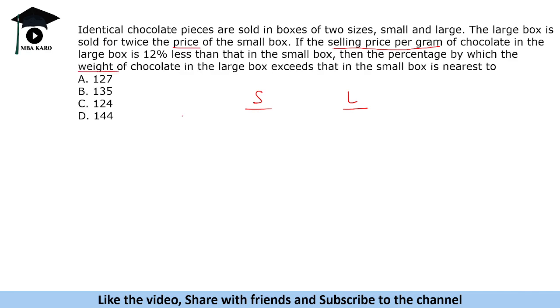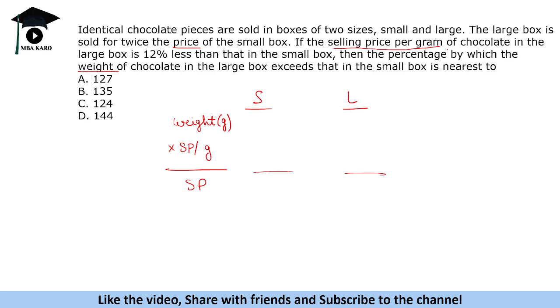So basically, weight into selling price per unit of weight, that is selling price per gram, will give the selling price, isn't it? Weight into selling price per gram, so gram will cancel, and you will get rupees. So let's just use this and calculate the answer.